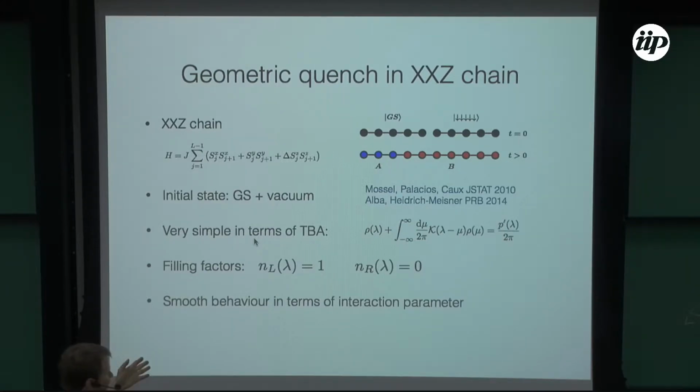But you have to fill all the rapidities between minus infinity and infinity. So in the rapidity language, this is the simplest object which can be called a domain wall, because you have fillings 1 on the left and fillings 0 on the right, okay?